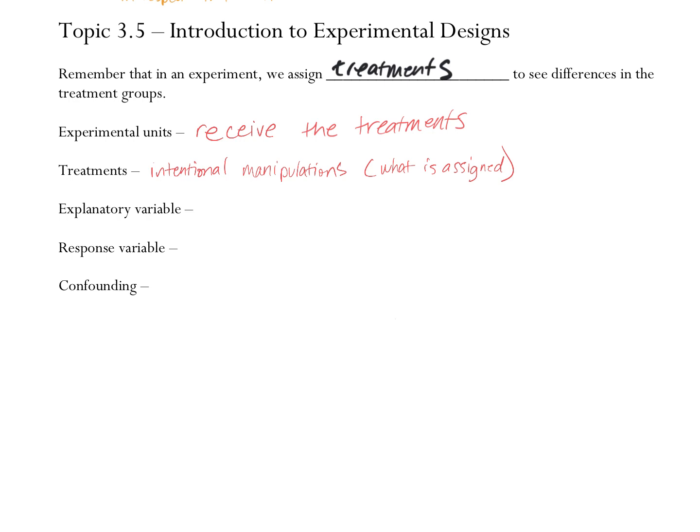The explanatory variable is, I like to think of it as the umbrella over the treatments. So in that one I just described, the placebo and the different dosages, the umbrella would be dosage of drug, right? That would be the umbrella that kind of covers everything.